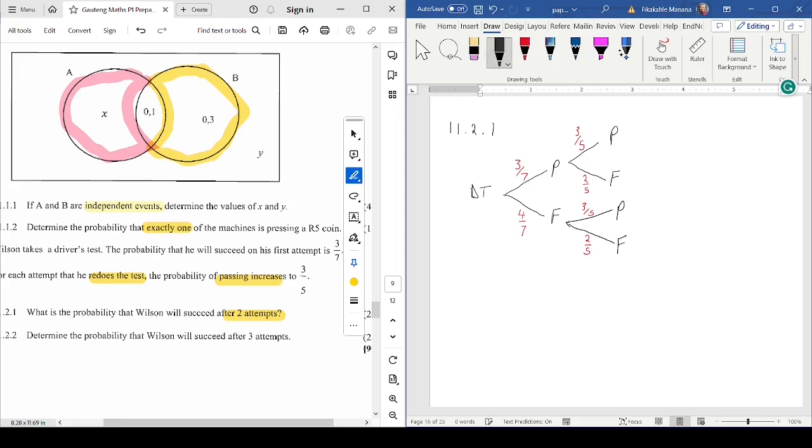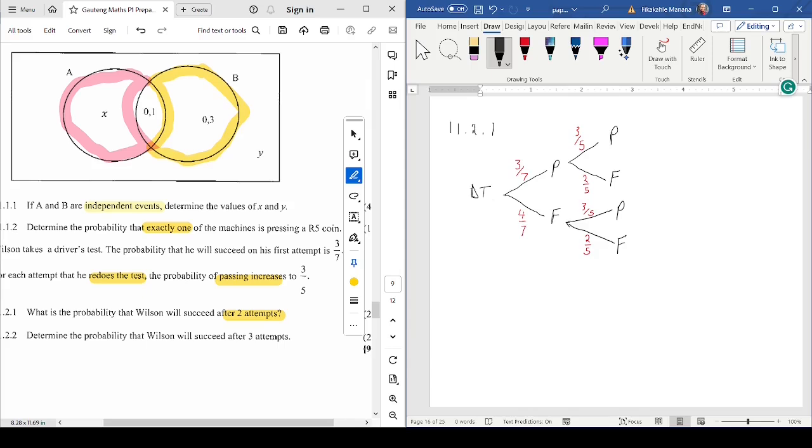Now let's go back to the question. What is the probability that Wilson will succeed after 2 attempts? Now, you need to understand the English once again. You see, the maths is easy in this topic, but the English, that's the tough part.